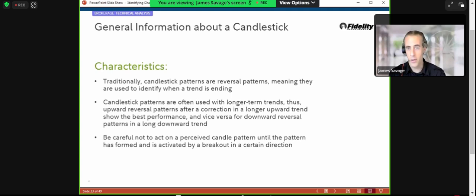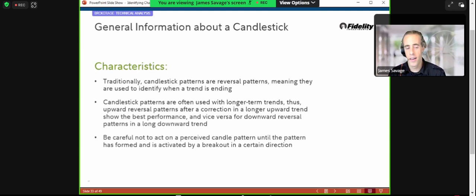And remember, that contrasts with regular multi-bar patterns. They're either continuations or reversals. They're either going to reverse the current trend or continue it, meaning price will be on one trend, enter said pattern, and then either reverse or continue that prior trend. So a bullish trend goes into a pattern and leaves going upward. It's a continuation. If it leaves downward, it's a reversal, and vice versa with a bearish trend.